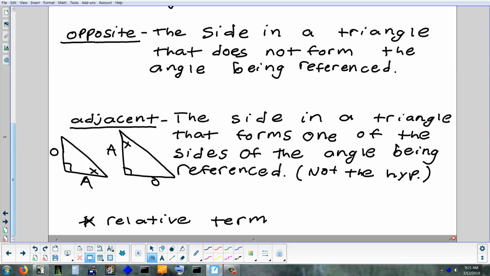And usually in a problem, you'll know what perspective to look at it from because they'll give you one of these angles as an actual number. Whatever angle they give you, that's the one you use. So any questions on what opposite and adjacent mean? Okay.